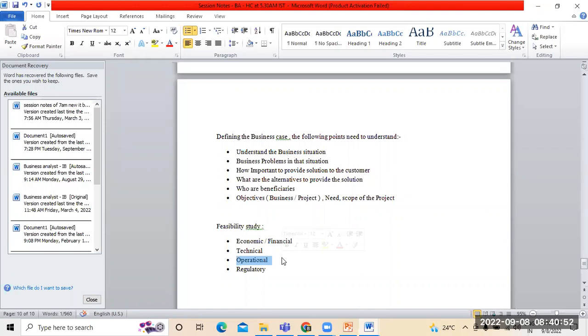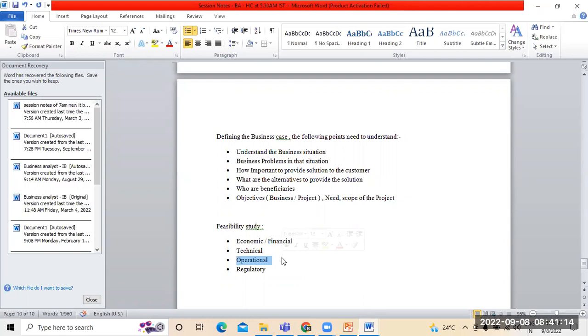Followed by operational feasibility, the next is regulatory feasibility. Regulatory feasibility means what standards, policies, and procedures do you require to follow? All these things come under regulatory feasibility. So when you're talking about a feasibility study, there are 4 different things. One is financial feasibility: how financially viable is this?